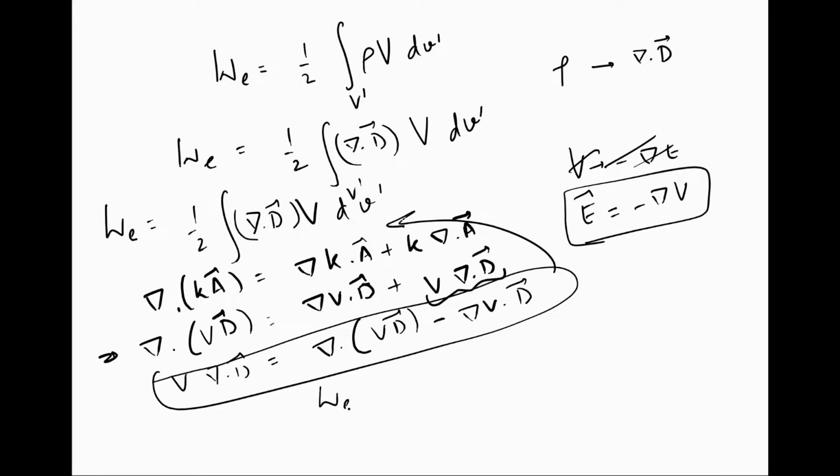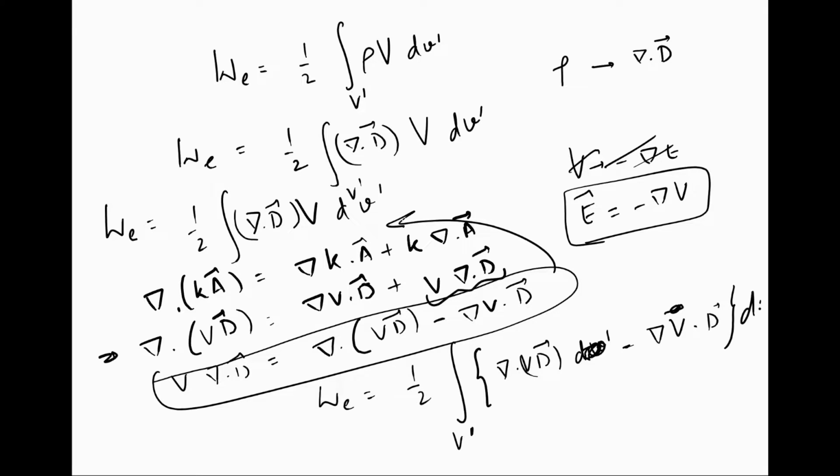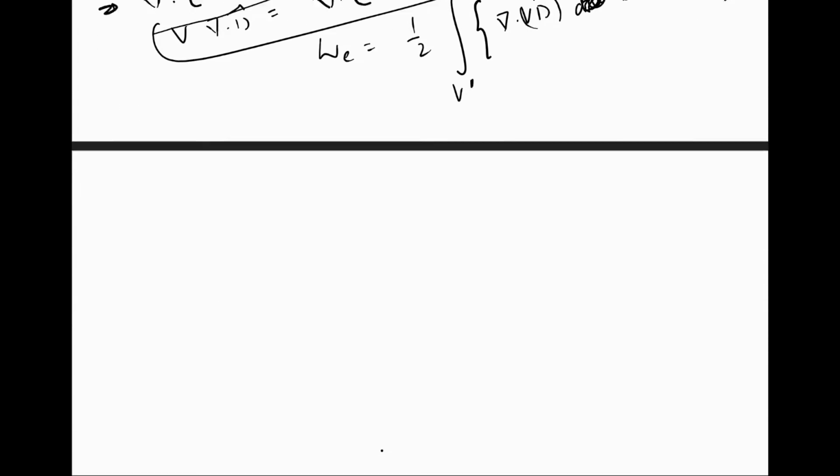So WE is equal to half of the integral over full volume V' of del dot VD dV', minus del V dot D dV'. So we will now further expand this bracket.